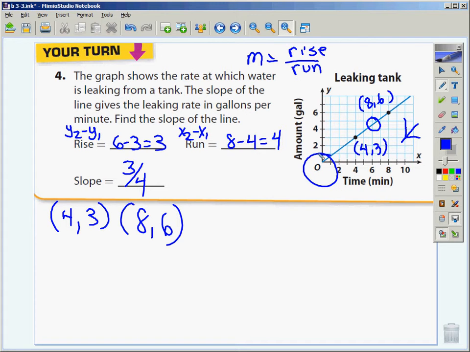It's proportional. Three over 4 is still what? The same as my slope. 6 over 8 is still the same as what? 3 over 4. If you see that it's proportional, goes through the origin, you don't have to do it the long way.